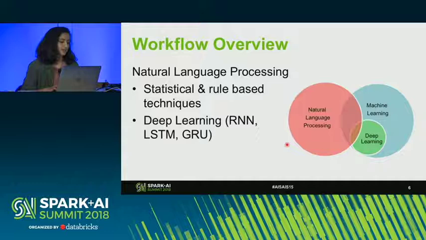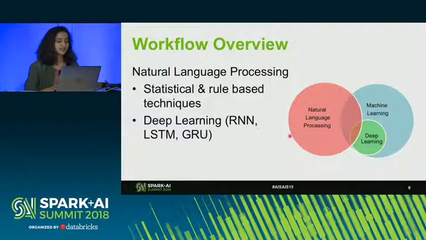Now we'll talk about natural language processing. Natural language processing is a technique that programs computers to analyze and process language data. Some of the applications are understanding language, speech recognition, language generation, and sentiment analysis.